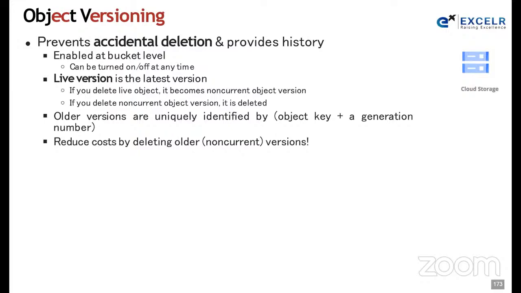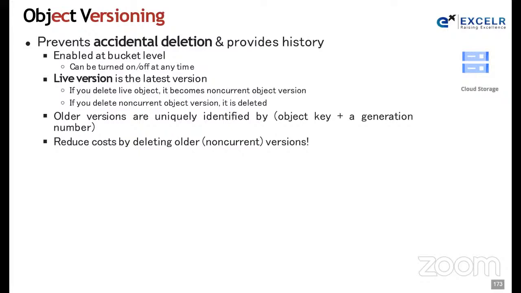It has to be enabled at the bucket level, and it can be turned on or off anytime on your particular bucket. Whatever the versioning, when you enable it, it is going to show the latest version of your particular object. The older versions are identified by a unique key, which is a combination of an object key and a generation number.